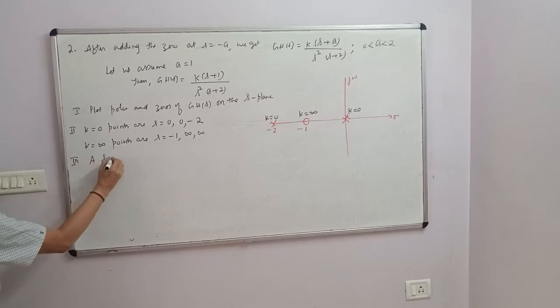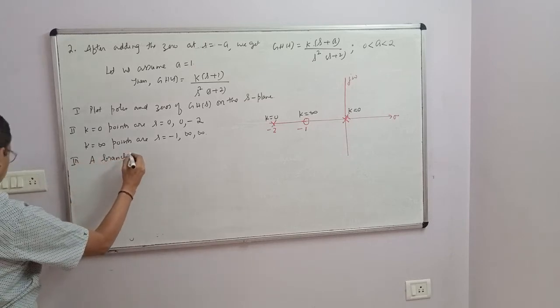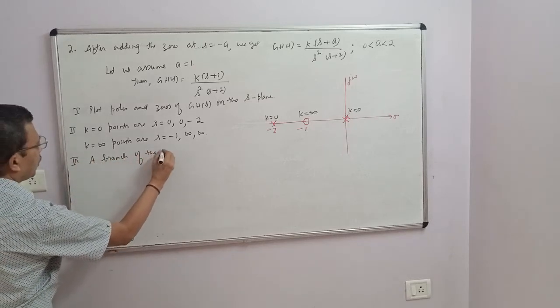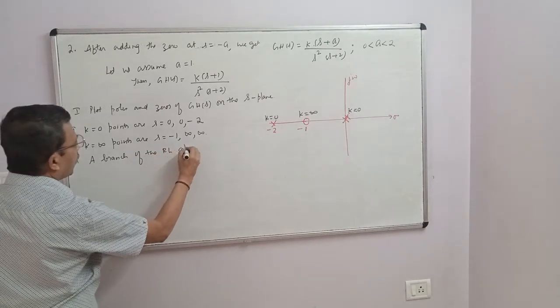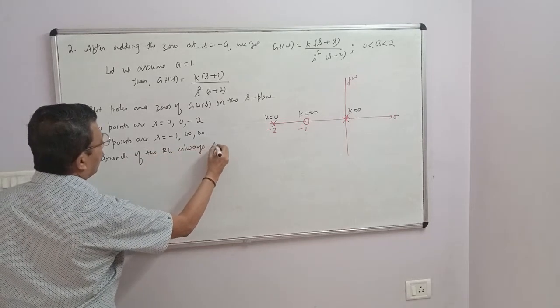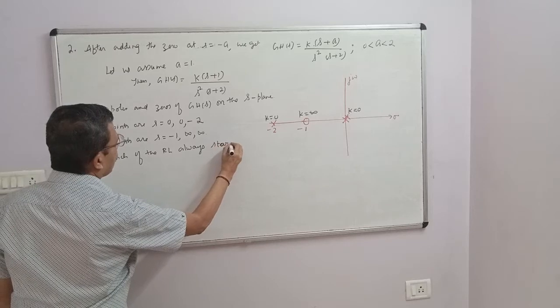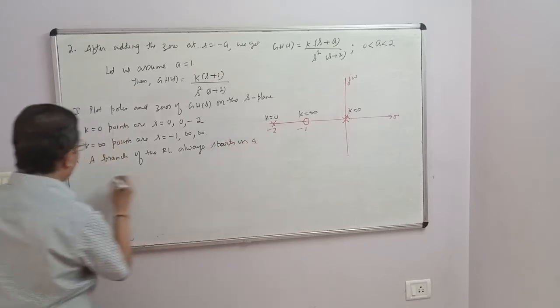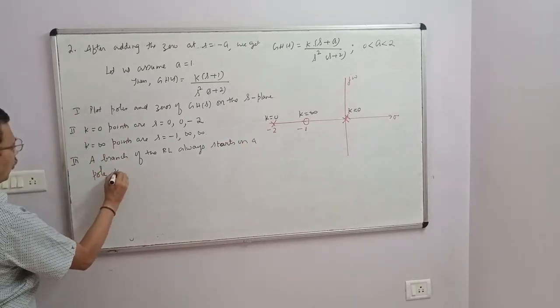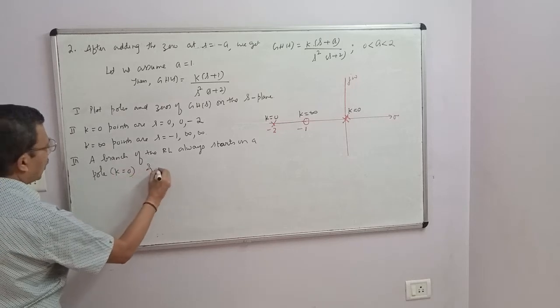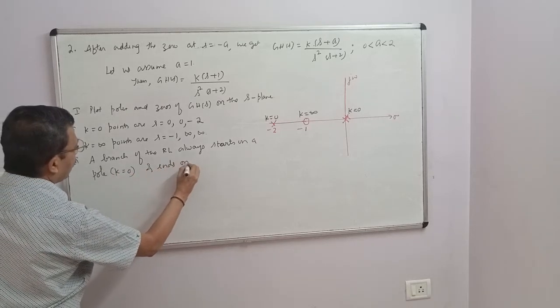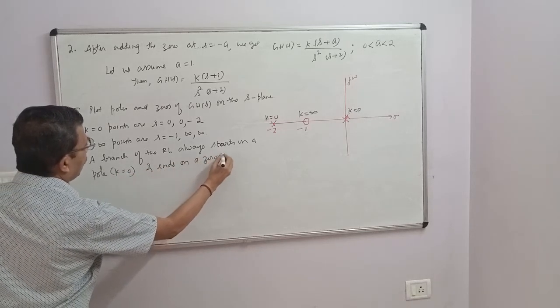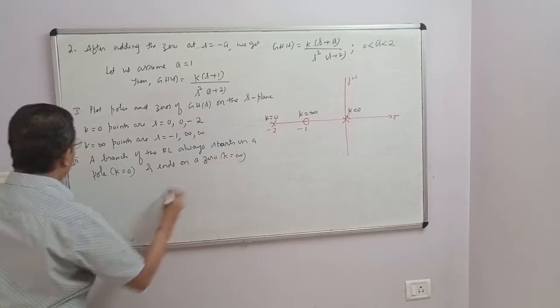A branch of the root locus always starts on a pole. Pole means k is equal to 0 and ends on a 0. 0 means k equal to infinity.